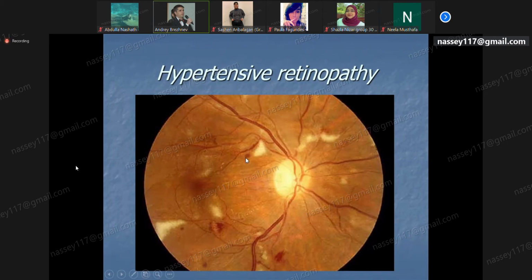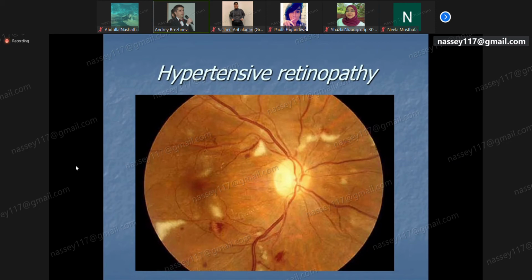Hard and soft exudates, these white points, may be in the form of small foci with sharp borders, and may be in the form of large areas like cotton wool spots. This is whitish, edematous, without sharp borders. So a combination of these symptoms are the signs of hypertensive retinopathy.